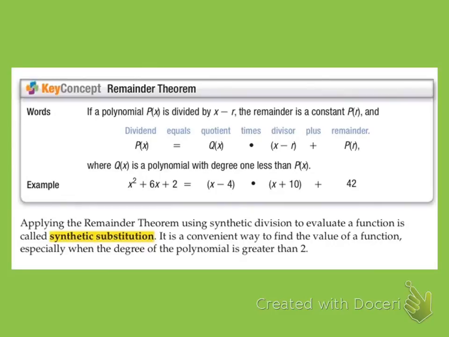But this is a great application for whenever I want you to evaluate. Say I gave you x to the 5th minus 4x to the 4th plus 3x cubed minus 2x squared plus 2x minus 5. And now I want you to find f of negative 3.